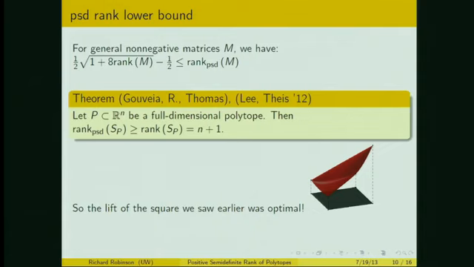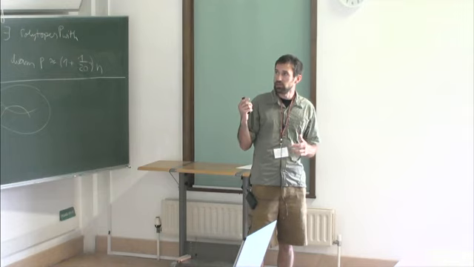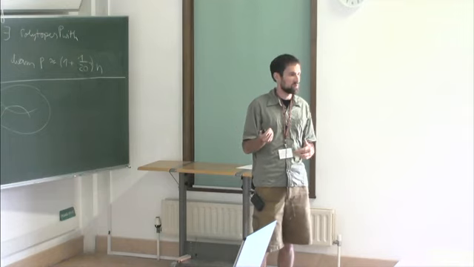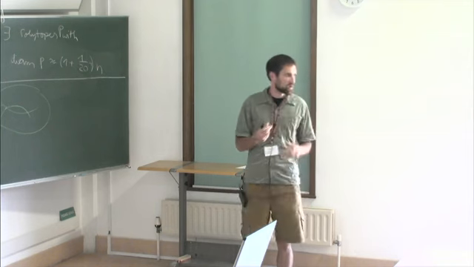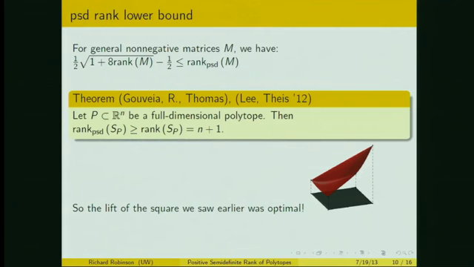Additionally, you can show that just looking at the support of our matrix, this is the best lower bound that you can hope for. Support-based lower bounds have proven pretty effective in the non-negative rank case, but this is the best you can do in the PSD rank case.